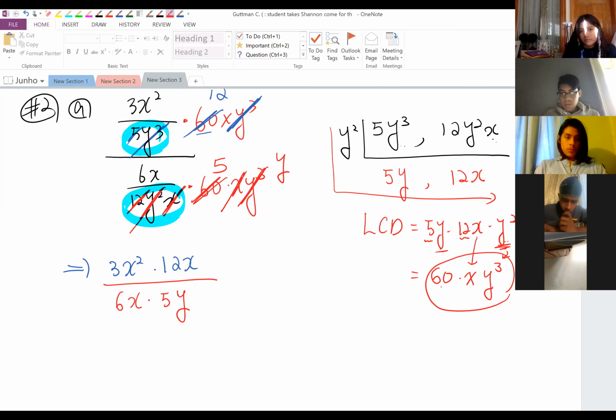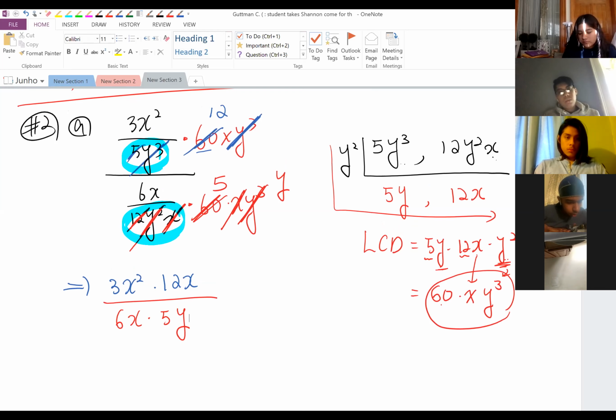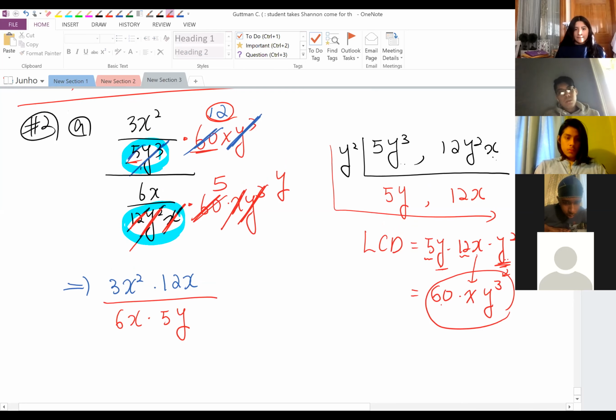Yeah. So you know what I did here, right? I simplify 60 and 5, so I got 12. And there's no x term on denominator, so no canceling out between x's. And the y cubed, the same factor, so I eliminate them. So therefore, it becomes existing factor 3x squared times 12x.